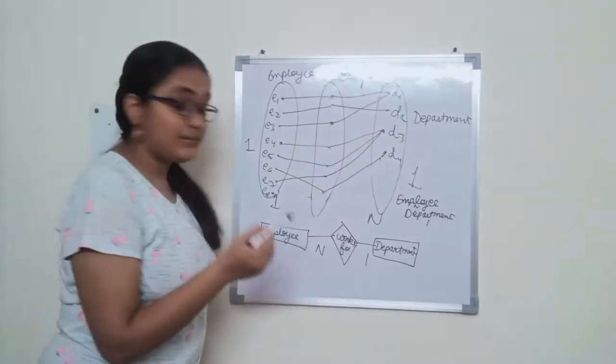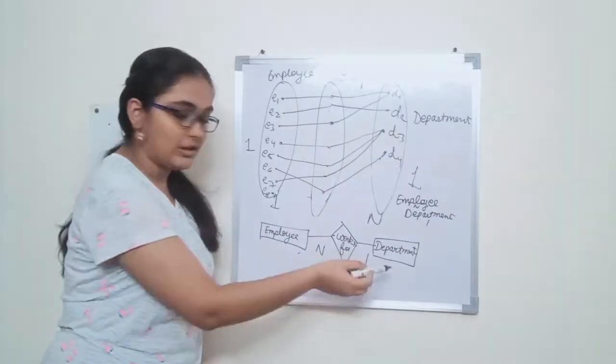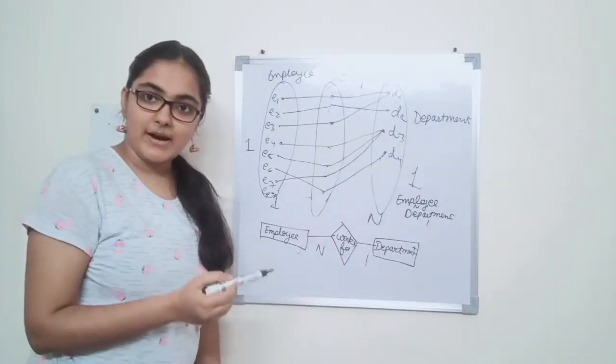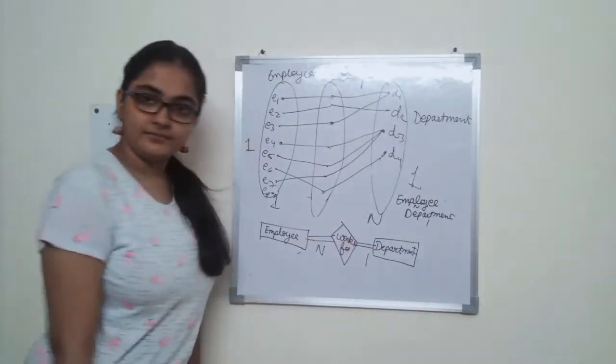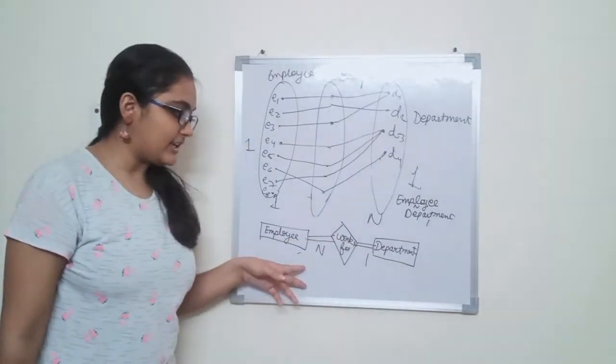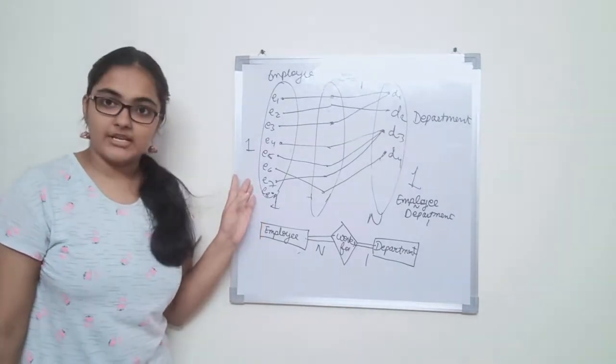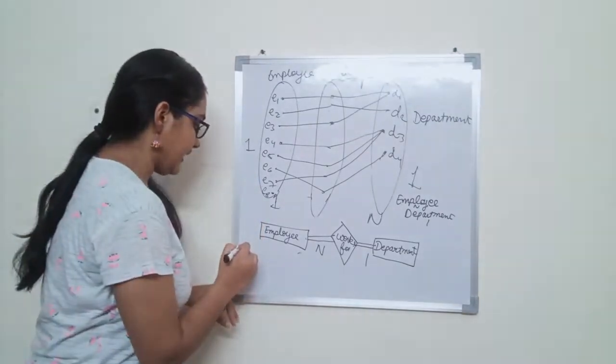So it has to participate totally in the works for relationship, both of them. Whenever there is a total participation, we represent it using a double line. Okay, so this is the representation of the works for relationship in the form of an ER diagram.